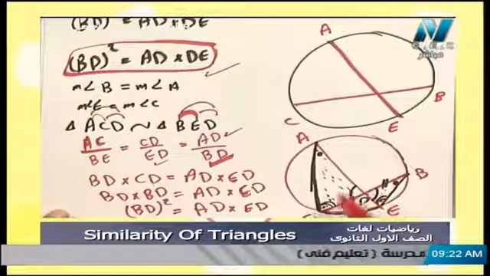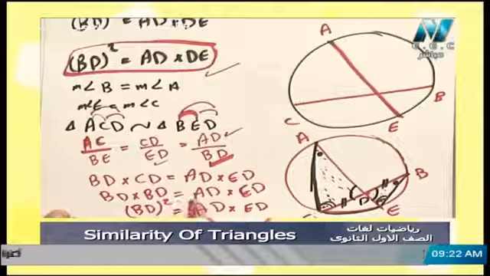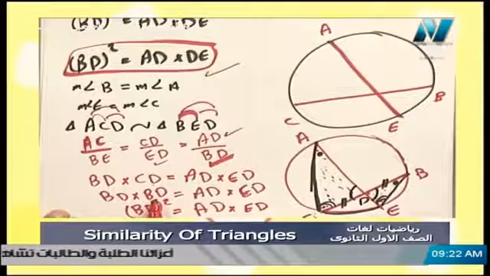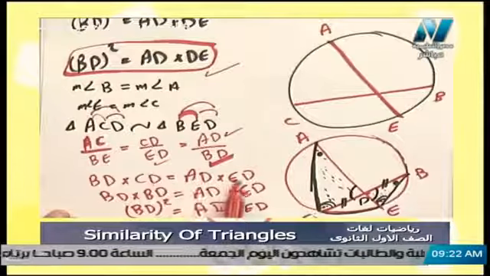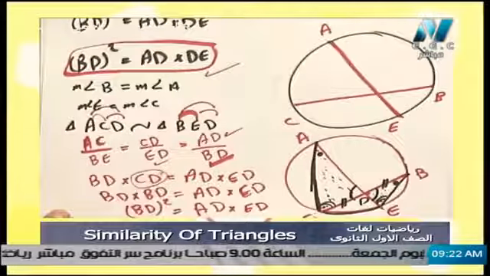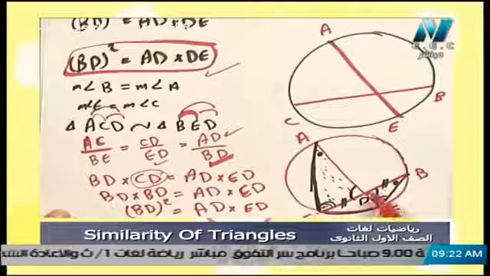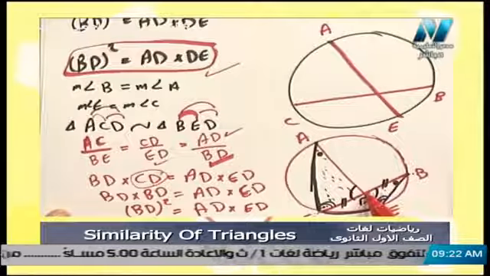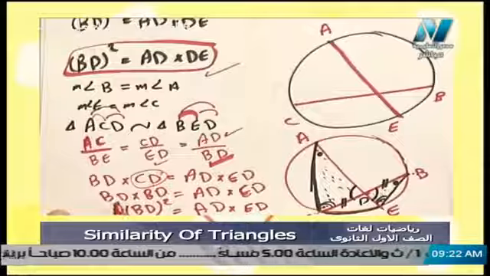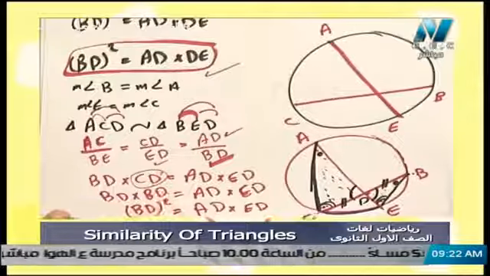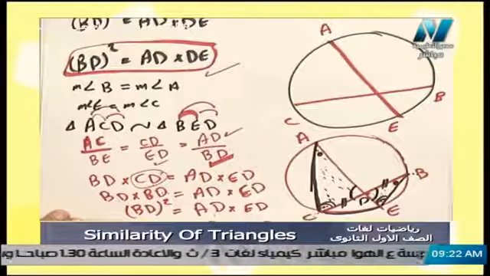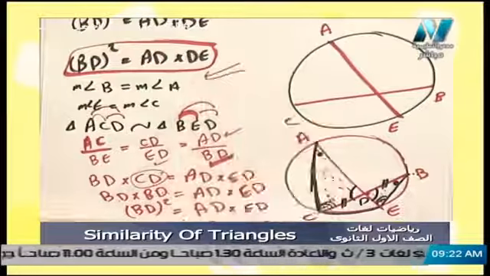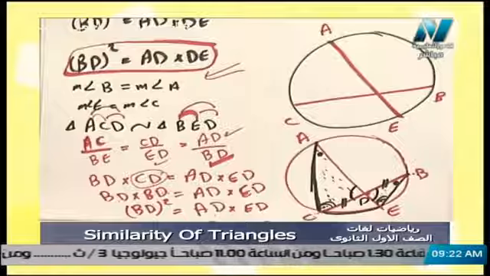So the triangles are similar, and from similarity we have BD times CD equals AD times ED, and we have CD here equal DB from the first, so we can replace CD by BD. So BD times BD equals BD power 2 equals AD multiplied by ED. Okay, and it is the request now. Let's move to another example.